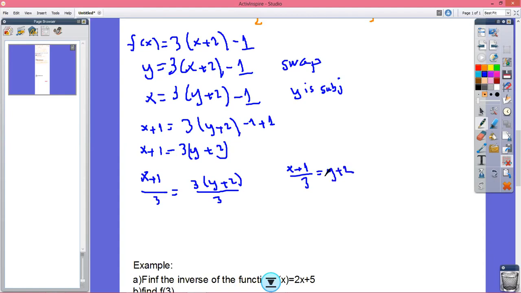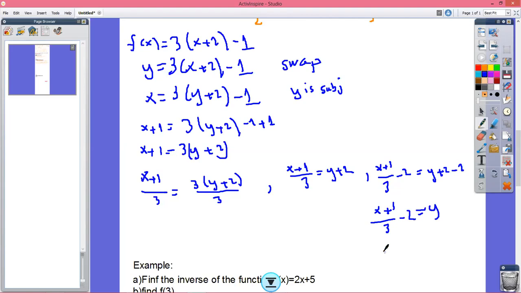Subtracting 2 from both sides, X plus 1 divided by 3 minus 2 is equal to Y plus 2 minus 2. It will be X plus 1 divided by 3 minus 2, and it will be equal to Y.